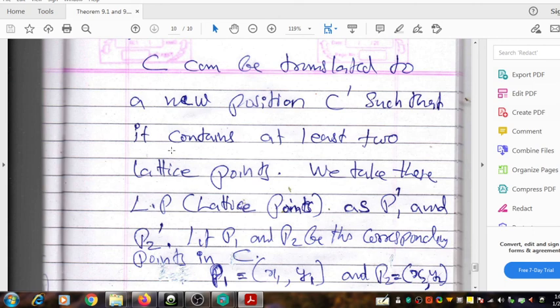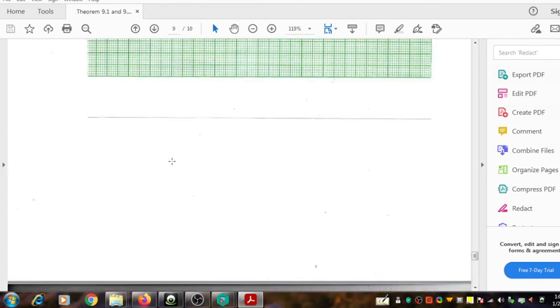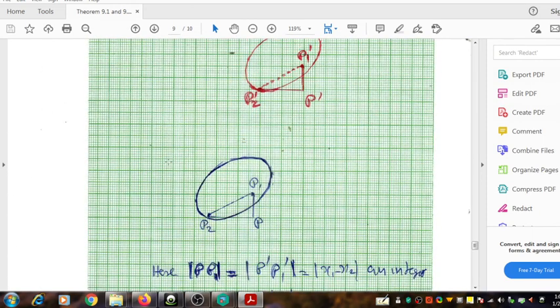Now we have a new position for C, that is C dash, and corresponding to C dash we have 2 lattice points. Let's refer to the figure now.